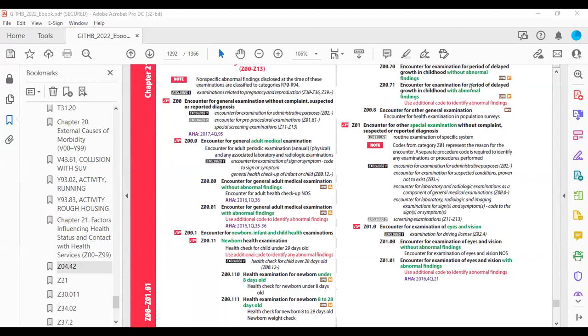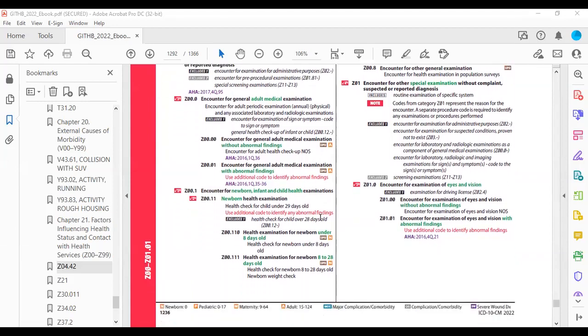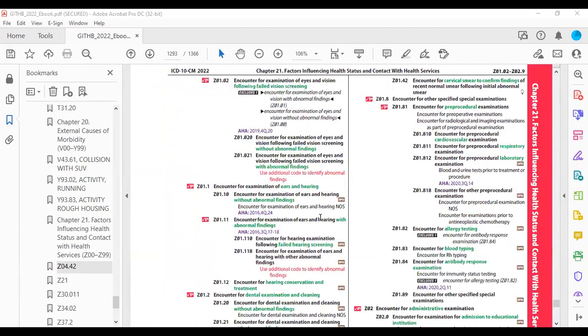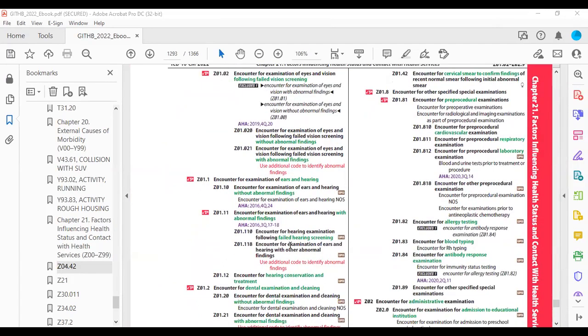And there's some excludes one notes. You see excludes examination for administrative purposes, suspected conditions, lab, and so on. You see the eye exams, failed vision screening, dental exams, all these things.